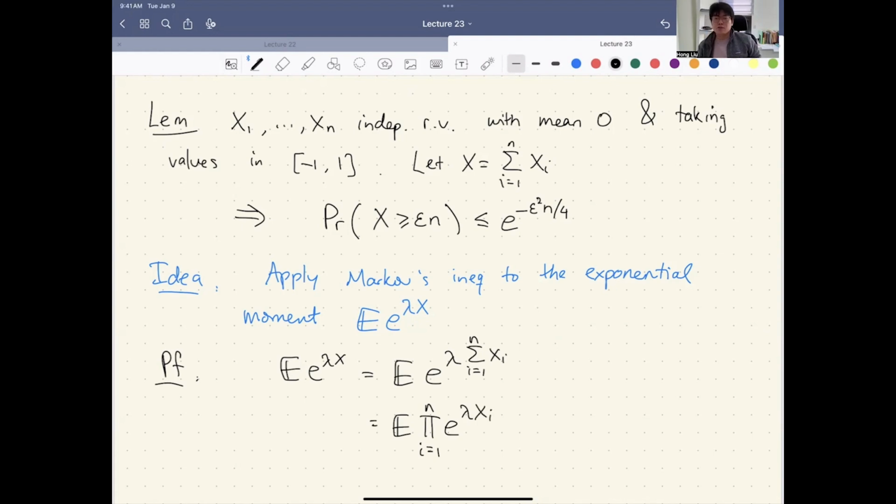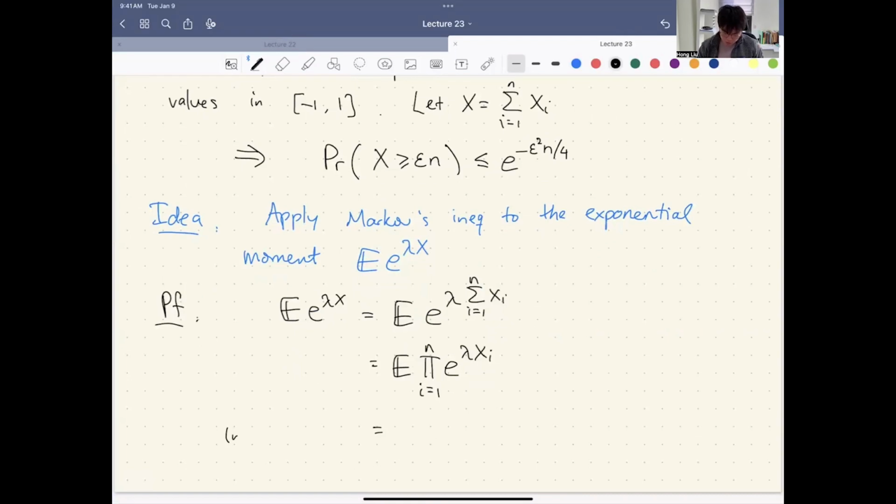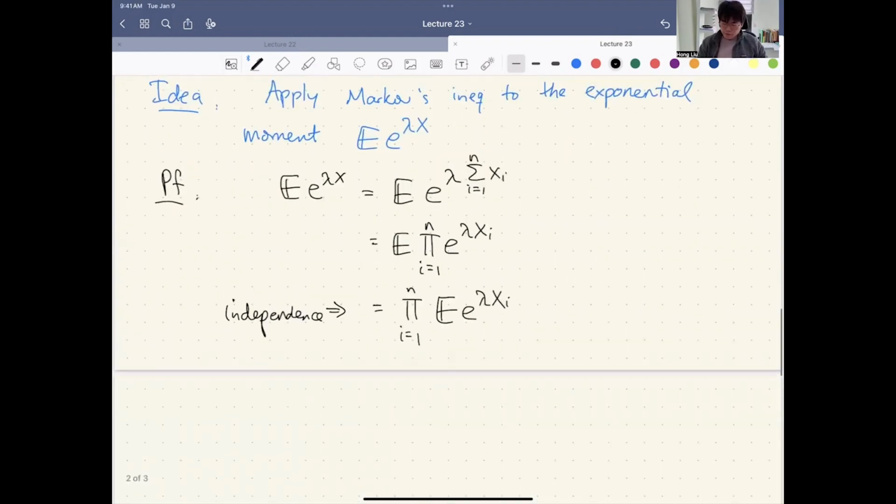Expectation of a product of random variables, now we use independence of xi. Independence means we can move expectation inside, right? So now, because of the independence, this equals the product from 1 to n of the expectation of e to the lambda xi. Now let's look at how each term behaves.